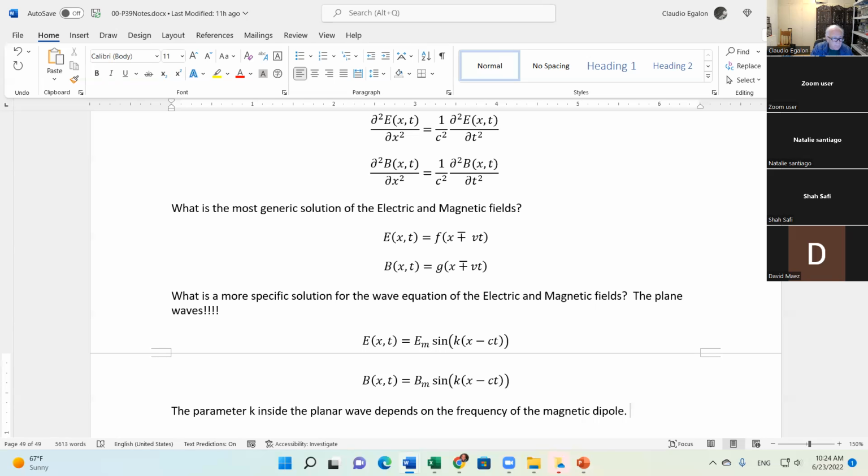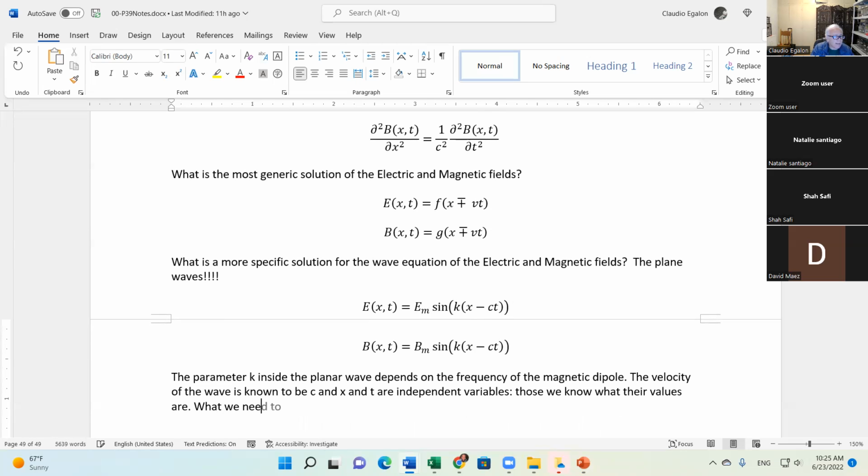The velocity of the wave is known to be c, and x and t are independent variables. Those we know, we know what their values are.